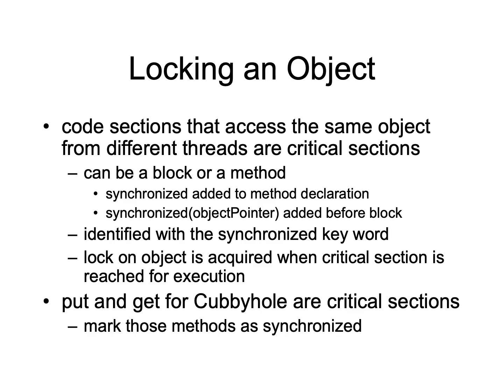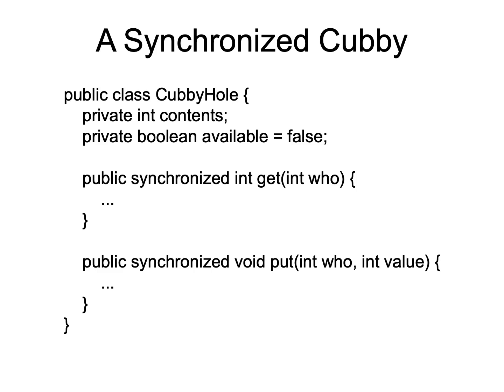In the example I gave you, put and get were the critical sections in cubbyhole that need to be synchronized. So we can do that by rewriting the cubbyhole and just putting the keyword synchronized on the put and the get. And that means now that the cubbyhole can only be used by one thread at a time.